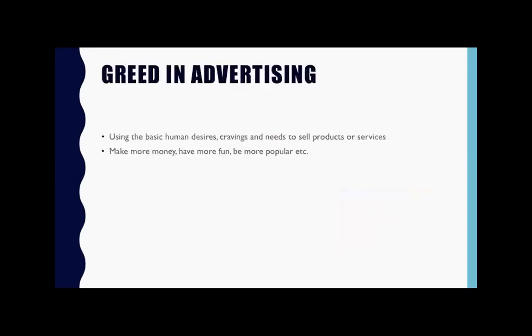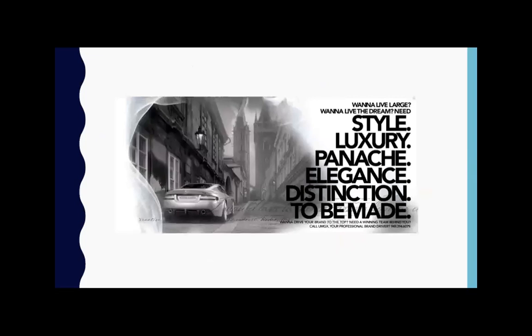There's also greed in advertising. It uses the basic human desires and cravings and needs to sell products and services, make more money, have more fun, be more popular, etc. That's another strategy that's used. This ad here says, want to live large, want to live the dream, needs style, luxury, panache, elegance, distinction to be made. So it's playing off of that.